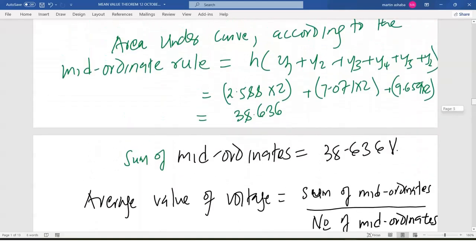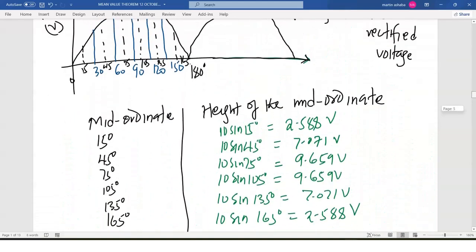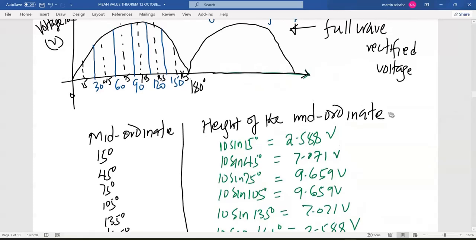But then, we could also use the mid-ordinate rule and multiply the sum by the value of h, which here is going to be in radians.